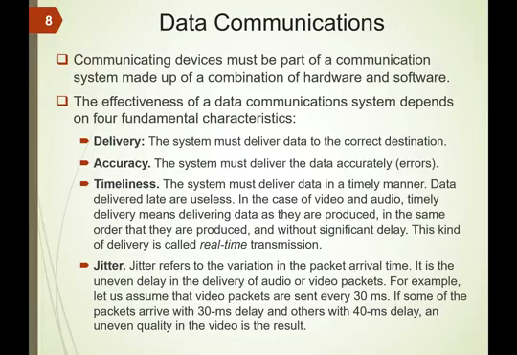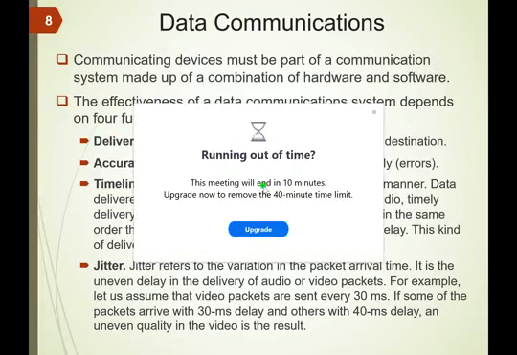These are all software that's needed for the communication system to be complete. So generally we have hardware and software. The effectiveness of a data communication system depends on four fundamental characteristics.